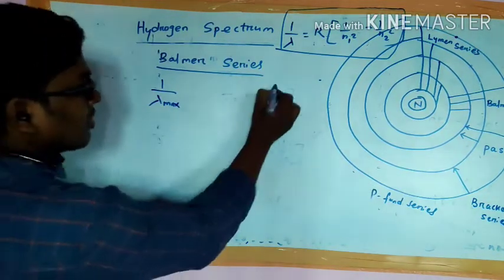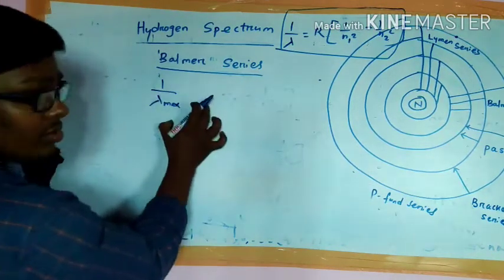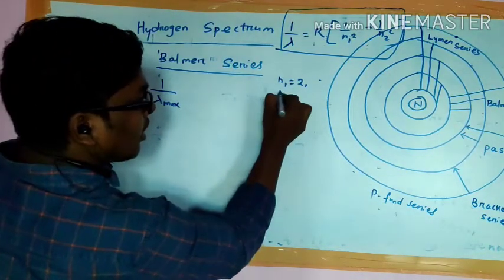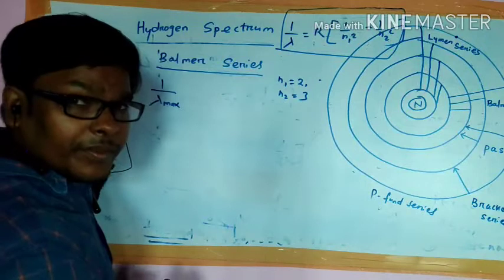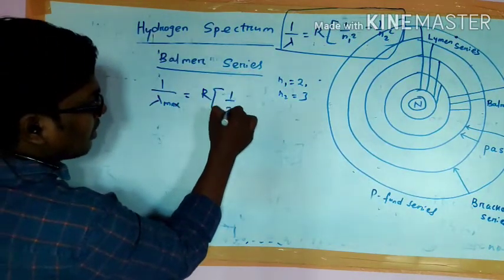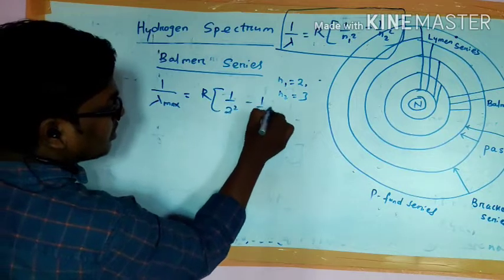So 1 by lambda maximum: for maximum wavelength, n1 is 2, n2 is 3. So this becomes R into 1 by 2 square minus 1 by 3 square.